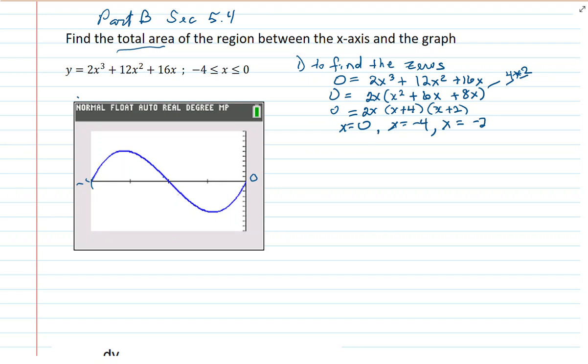All right, because I need these intervals. This is the positive area, and this guy is the negative area. So we have to break it in two so we can know that area is area.